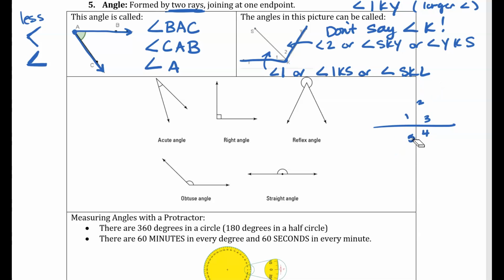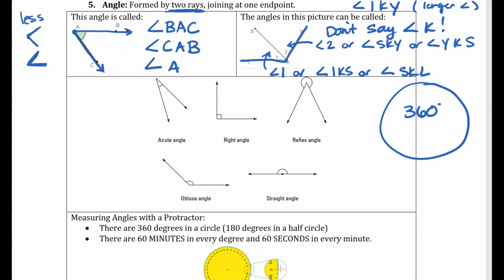So a couple different types of angles that we should talk about. There are 360 degrees in a full circle, and there are different angles that you can make within that 360 degree circle. I'm going to come back to reflex. I'll do that last.